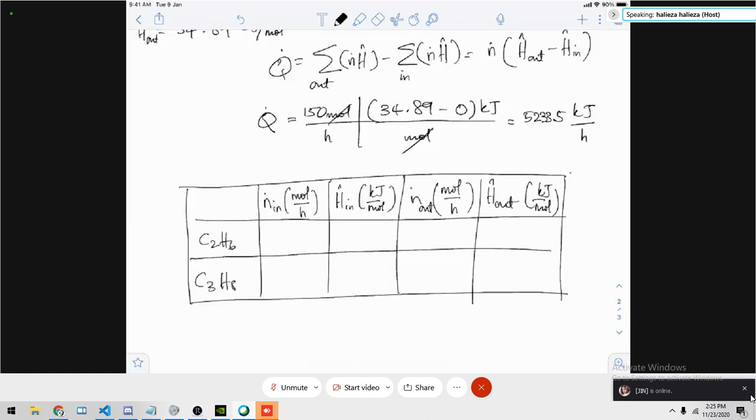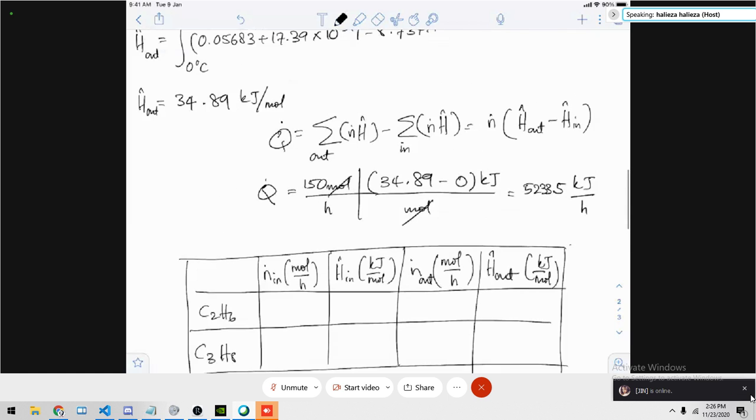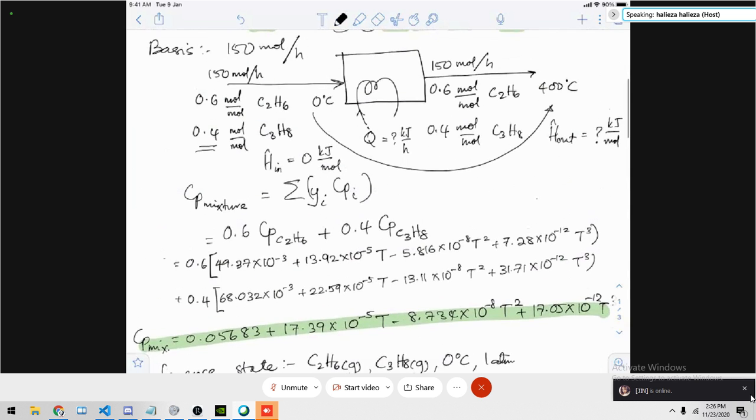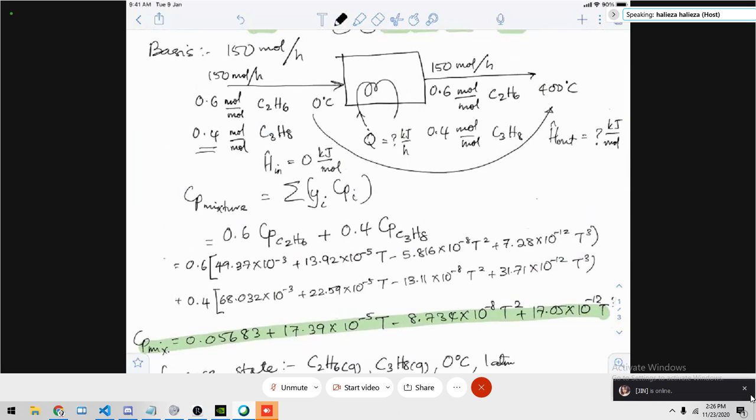Okay. The number of mole of ethane coming in. This is the good thing when you draw your diagram. You know what's the value. What's the value of ethane coming in, guys? 90 mole per hour. How did you get that? I know, Ayman, it's 90 mole per hour, but how did you get that?